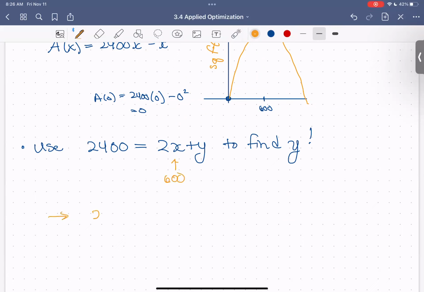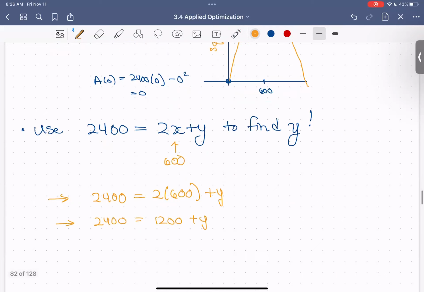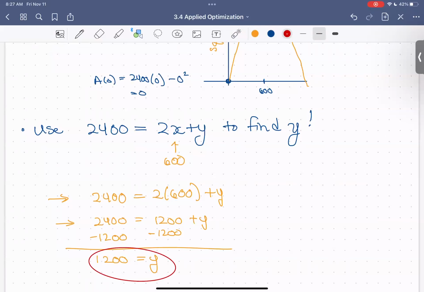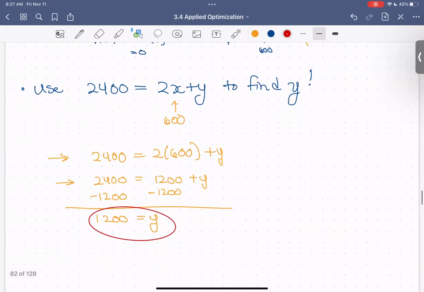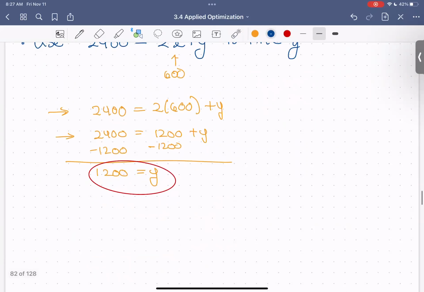So that gives us 2400 equals 2 times 600 plus y. So that gives us 2400 equals 1200 plus y. So I can subtract 1200 from both sides, and I get that 1200 equals y.